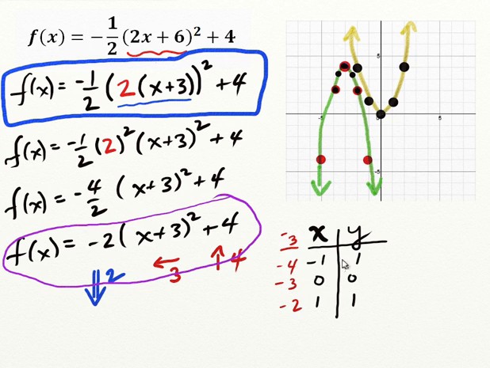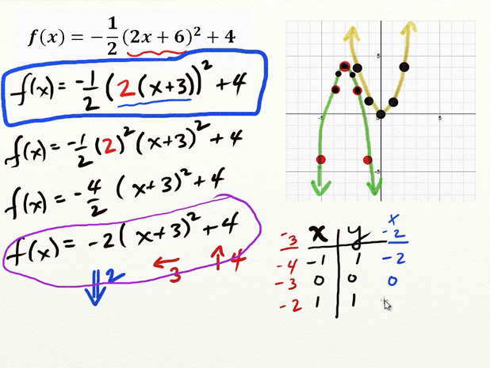The y values, well, they need to change as well. We're going to apply that blue vertical stretch of 2. And I'm also going to apply the negative, which is going to mirror or reflect the parabola. So it opens down. I'm going to reflect it in the x-axis. So I'm going to take this y value and multiply everything by -2. And that leads me to 1 times -2 is -2. 0 times -2 is 0.